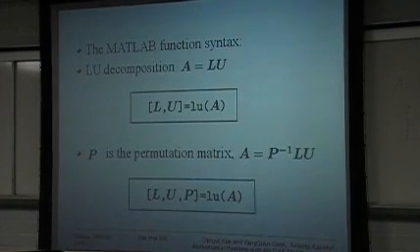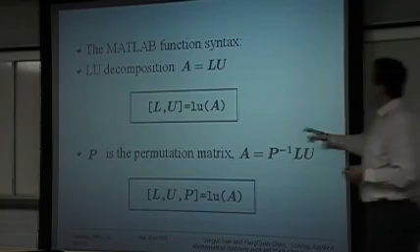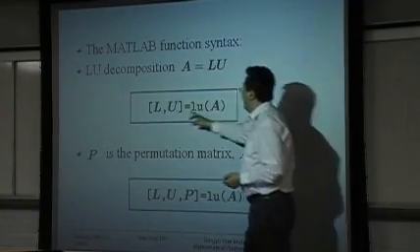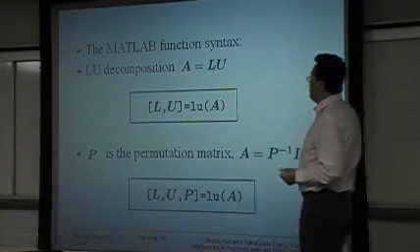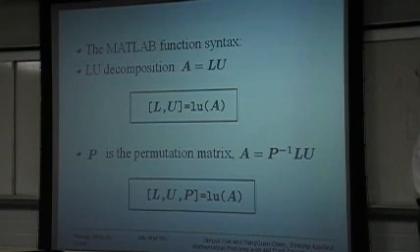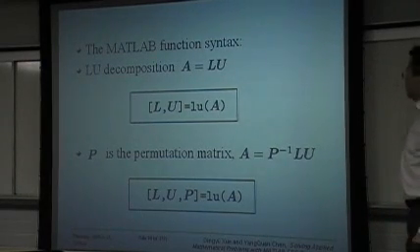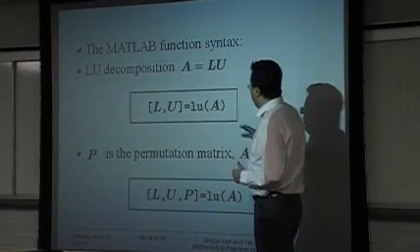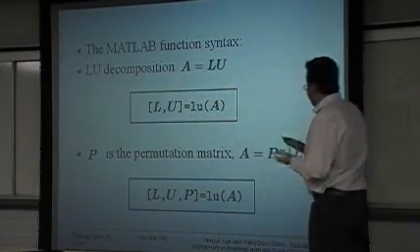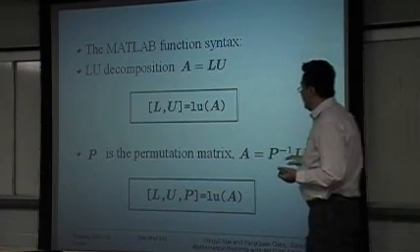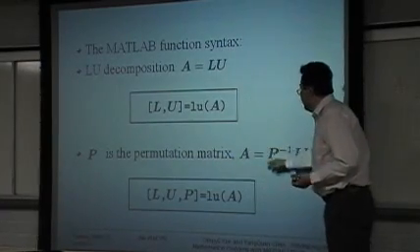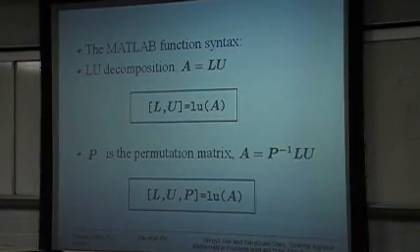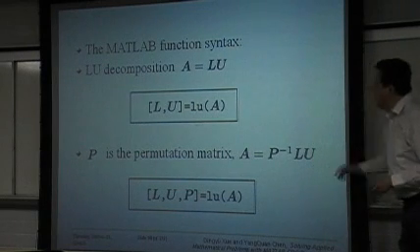And in Matlab, we can call the LU function to find the L and U matrices directly. Also, in Matlab, we consider the pivot problem, so we can sometimes construct a permutation matrix P, and then L times U.